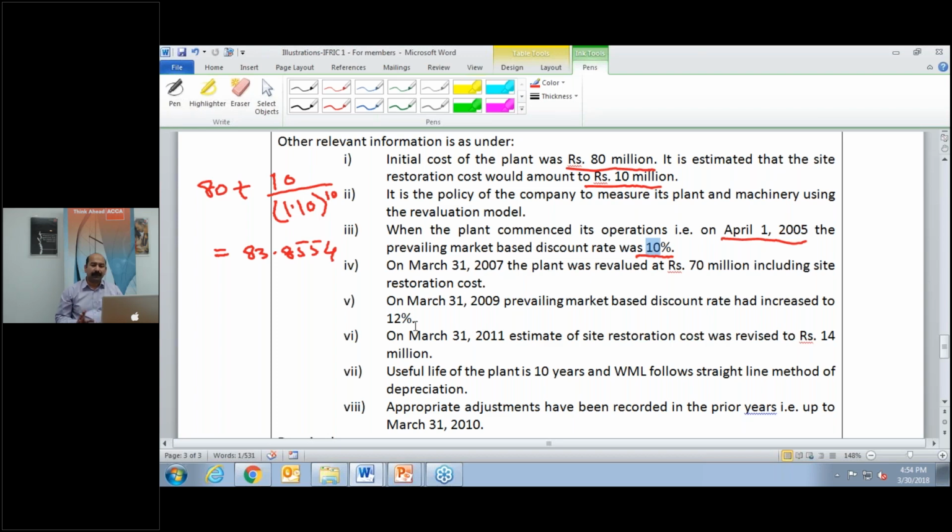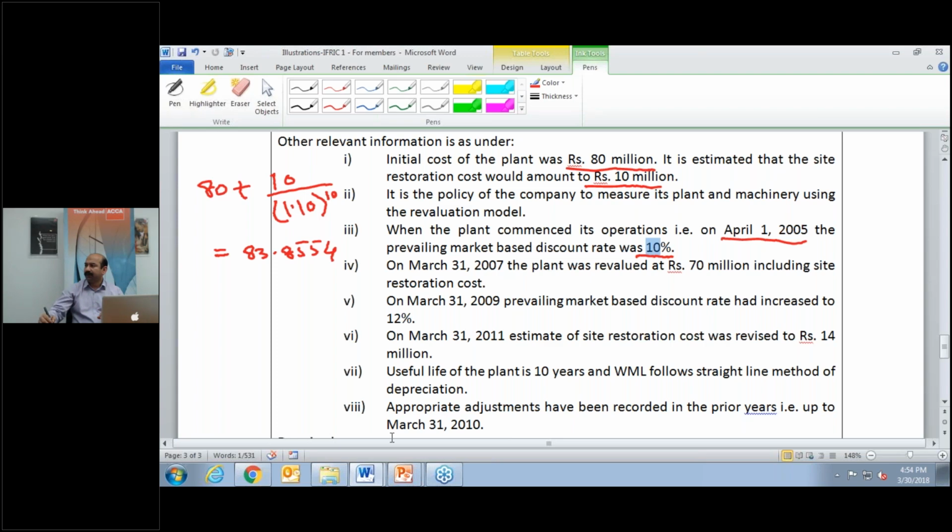Because Burhan, you are using the revaluation model for this asset, and this revaluation relates to that asset. So any effect of this decrease will go to the revaluation surplus. Okay, now this has moved to 12%.